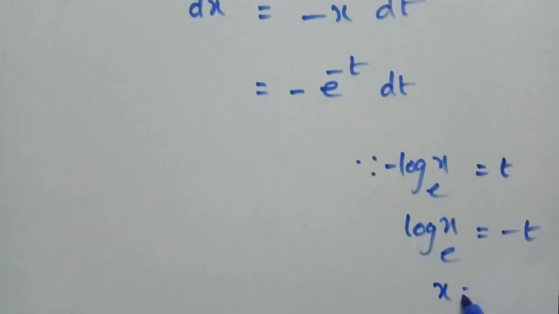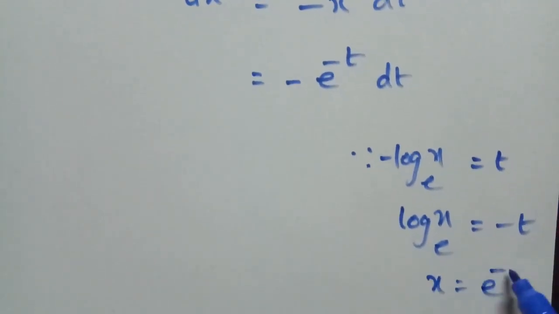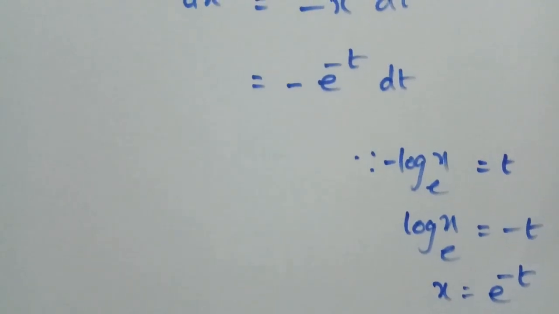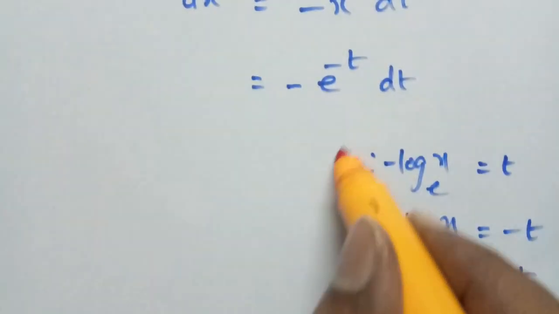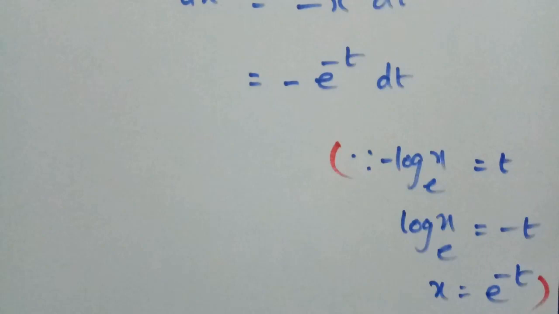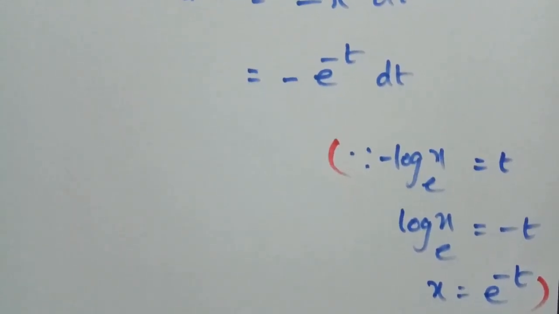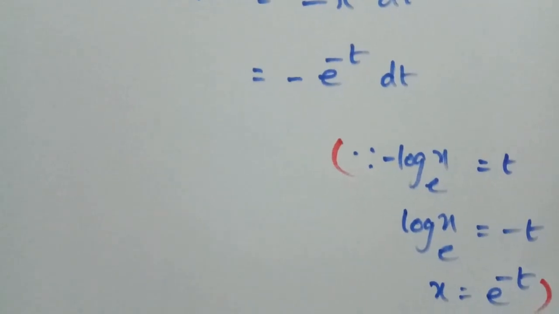Therefore, by the definition of logarithm, this can be written as x is equal to e to the power of minus t. Therefore, dx is equal to minus e to the power of minus t dt.